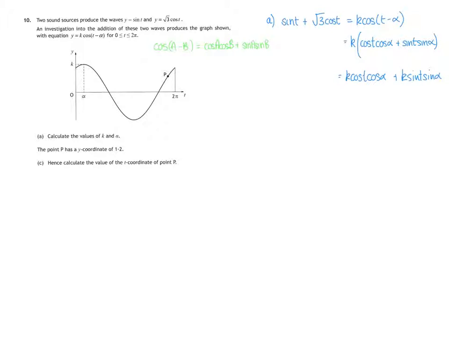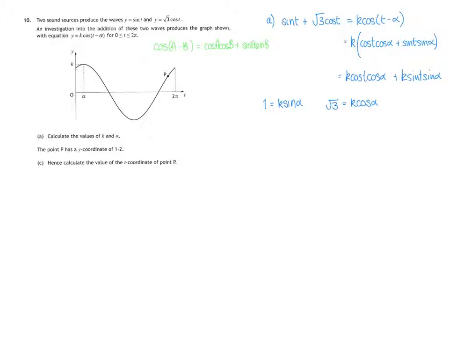So we know t is our variable, alpha is a constant. So we know that the constants in front of them must be equal. So sine has got a 1, so we know that 1 must be equal to k sine alpha. And our constant in front of our cos t is root 3, so we know root 3 must be equal to k cos alpha.